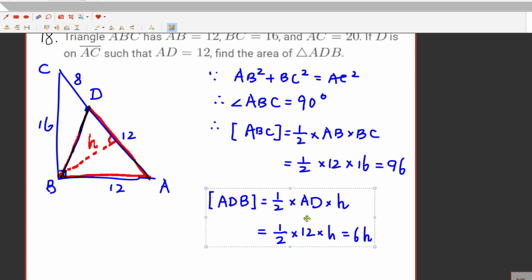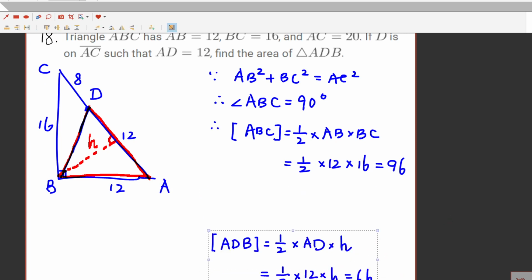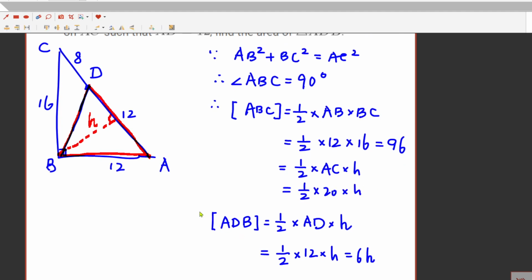Of course, you can solve that, right? Because we know the area of triangle ABC is 96, that is 1/2 of AC times H, right? And AC is 20. Therefore, we can easily solve H.